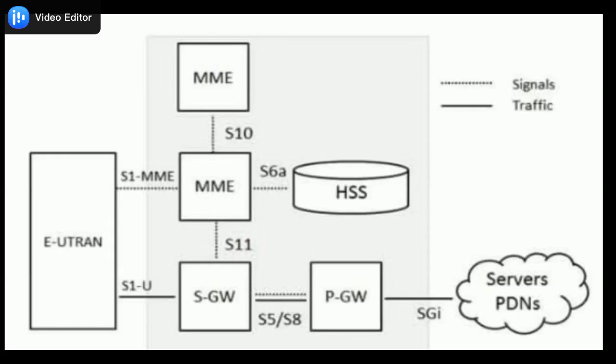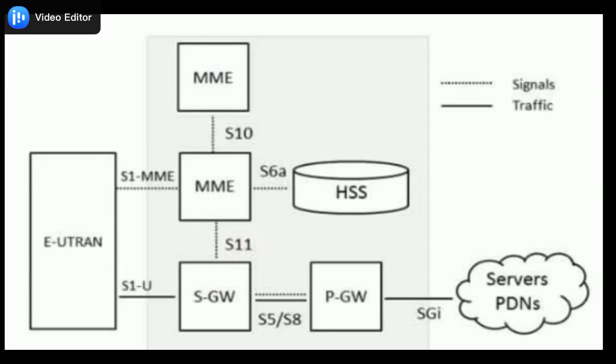Each packet data network is identified by an access point name, APN. The PDN gateway has the same role as the gateway GPRS support node, GGSN, and serving GPRS support node, SGSN, with UMTS and GSM.